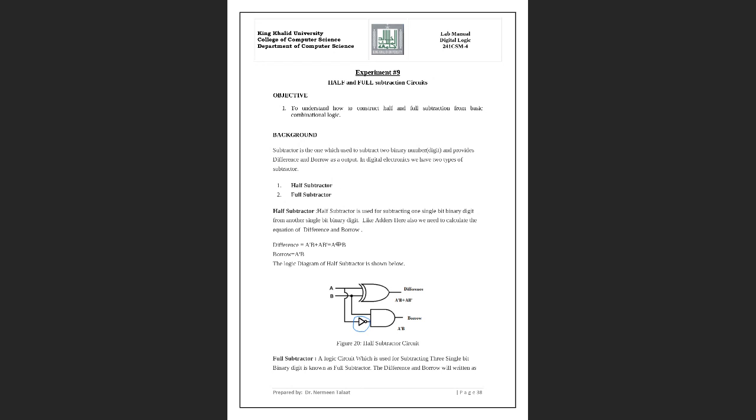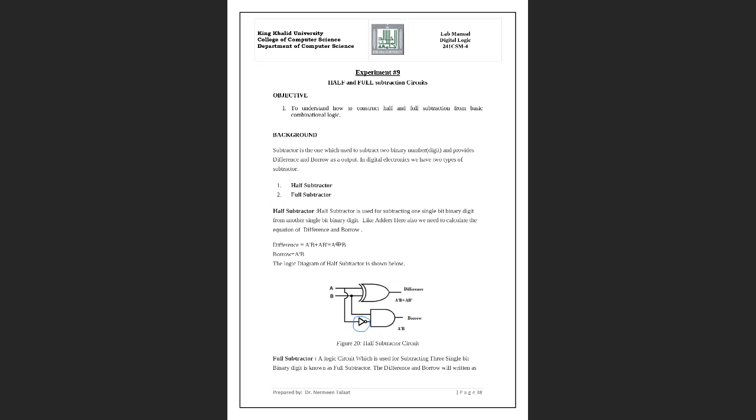You are putting a NOT gate here and it becomes the borrow. So the outputs are difference and borrow. Without the NOT gate, it becomes a half adder. Understood? Without a NOT gate, it gives you the output of a half adder, and with the NOT, it gives you the output of a half subtractor.